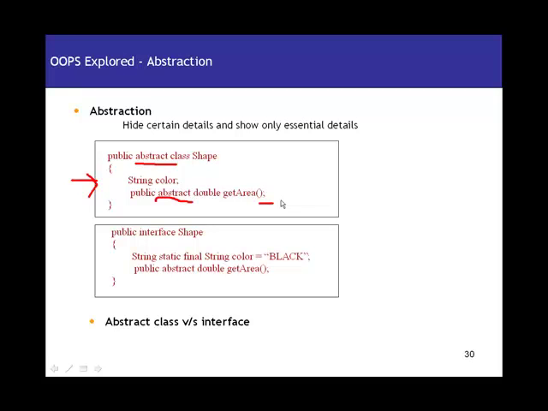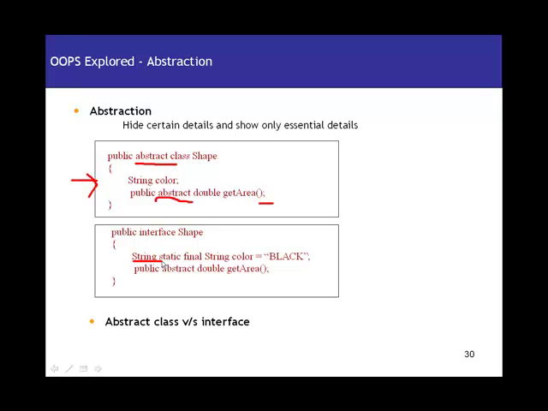It's got a structure like a class, but in an interface all the attributes should have the public static final modifier, and all the methods should be public abstract methods. The slide has a typo: it should be public, not string, there.